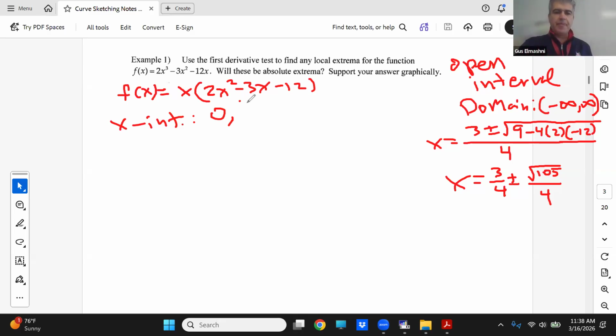So you have this. I promise you, whatever I give you on a test will factor nicely. What's your y-intercept? 0, right? What's your end behavior?